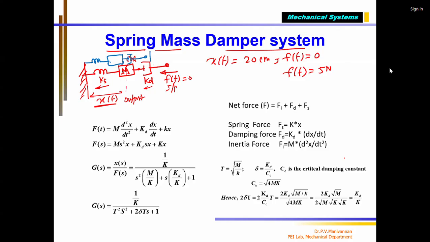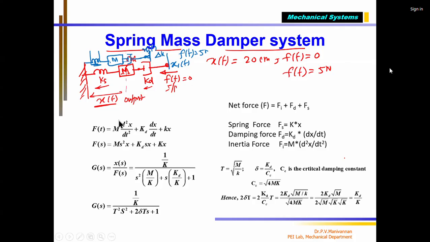So this is my delta x. Originally, this was x1 of t. Now the new position x2 of t is this, because of the force applied. I applied f of t equal to 5 Newton. Because of that, my spring is compressed, its length has become smaller. The damper piston also moved inside, so the mass element got a new position.